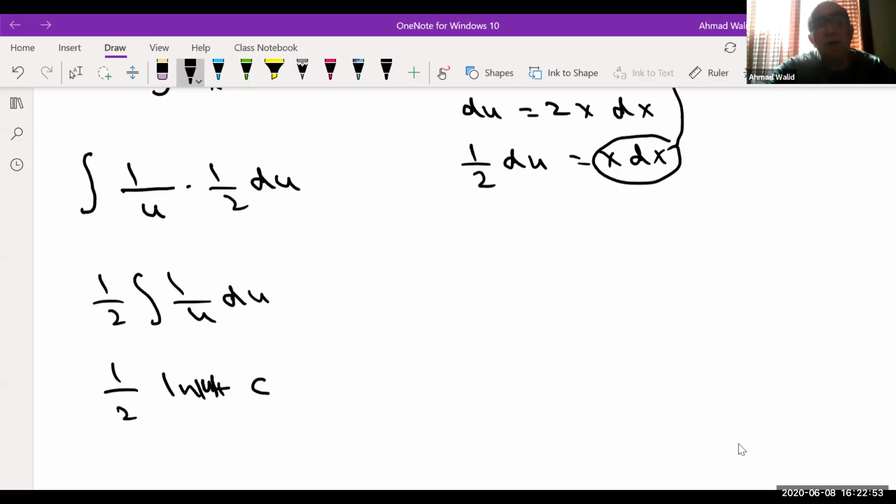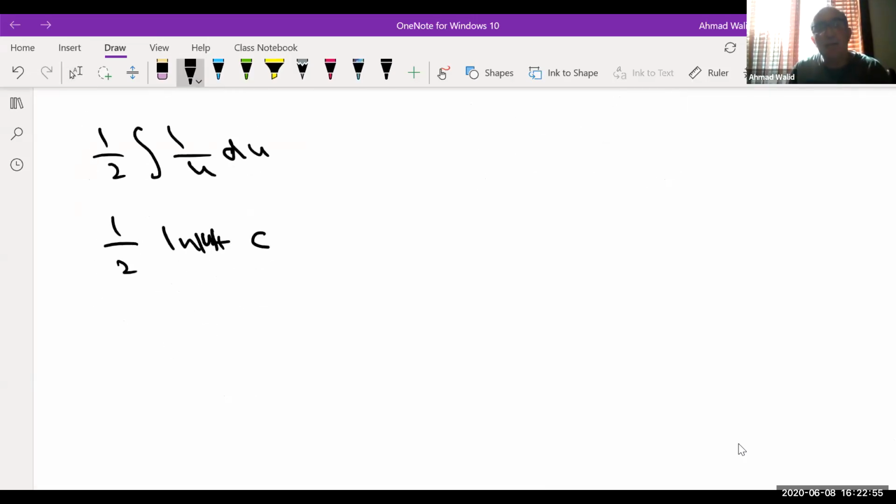Now, how much is your u? It will be 1/2 ln of absolute value of your u, which was x squared plus 1, plus c.